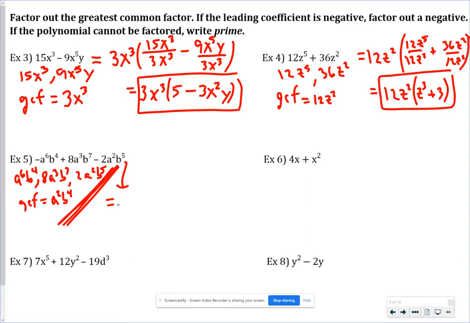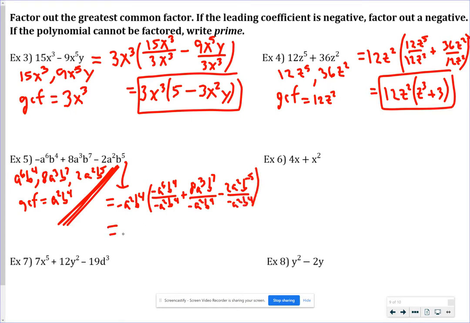So this is all equal to negative a squared b to the 4th times, divide out the negative and our GCF, plus 8, a to the 3rd, b to the 7th, divided by negative a squared b to the 4th, minus 2a squared b to the 5th, divided by negative a squared b to the 4th.